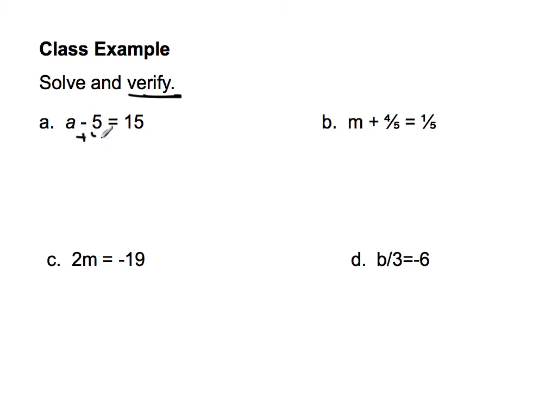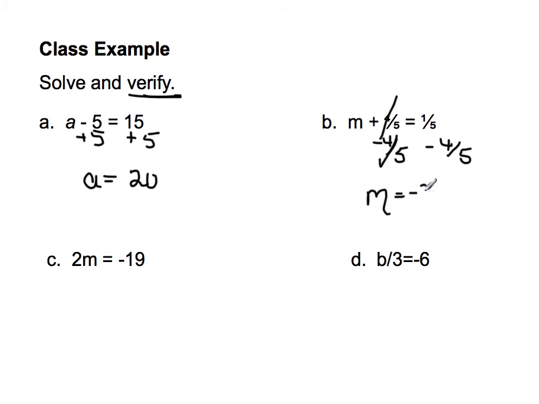I have to zero out the minus 5, so I add 5 to both sides, and I get a is equal to 20. Here I have some number plus 4/5 is equal to 1/5, so I have to zero out the plus 4/5. I do that by subtracting 4/5, and I zero that out, and I get m is equal to negative 3/5.